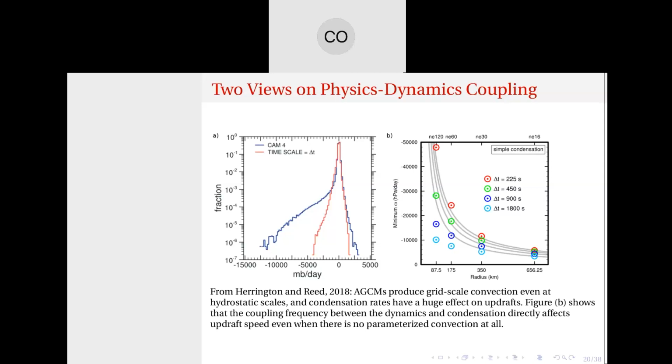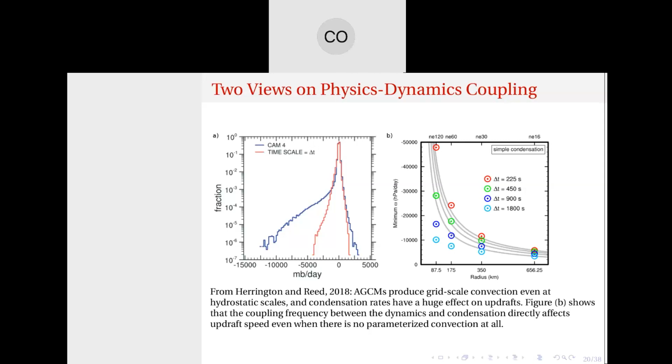Of course, the condensation rate has a big effect on how strong those updrafts are. They found that even if you have no convective parameterization, just how the dynamics and the large-scale condensation scheme are coupled directly affects the updraft speed.